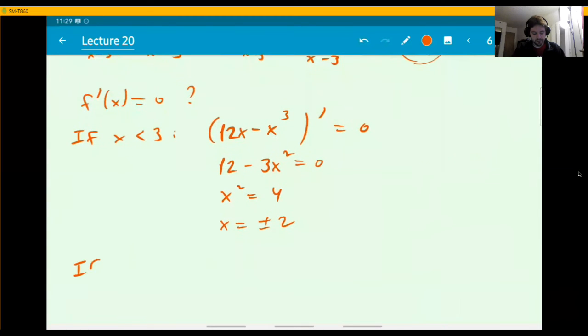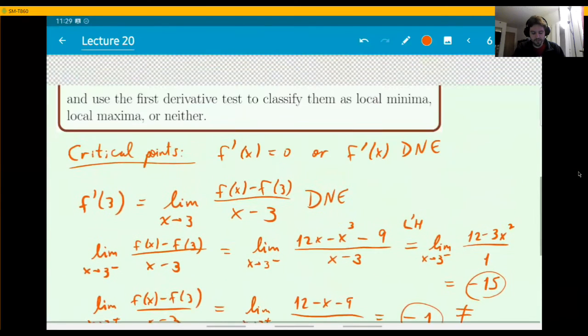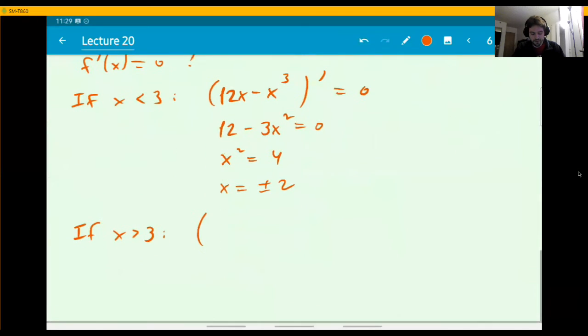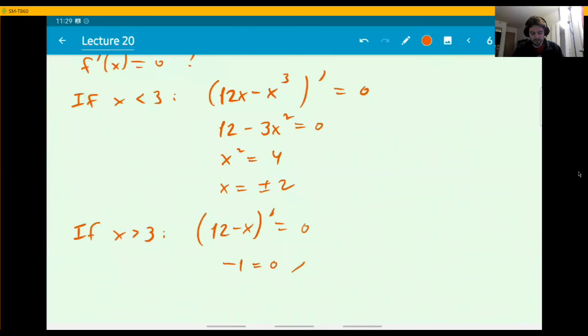Meanwhile, if x is more than 3, there's nothing to do. If x is more than 3, the function is given by 12 minus x. That's not going to have a 0 derivative ever. If you try to find the solution to minus 1 equals 0, there is no solution.